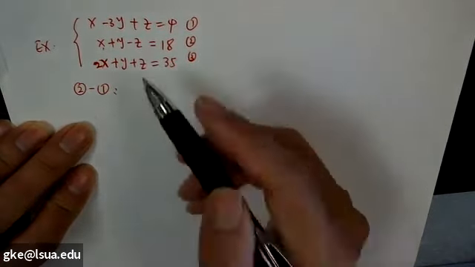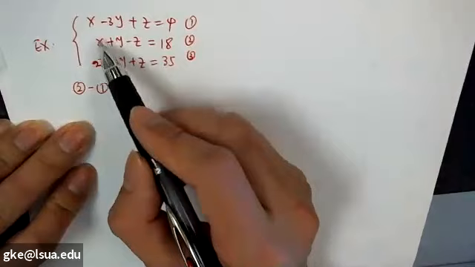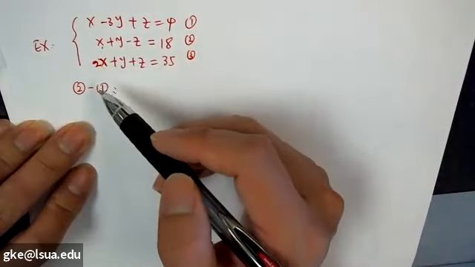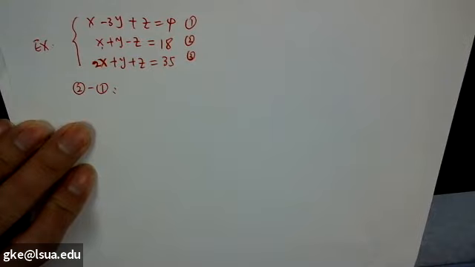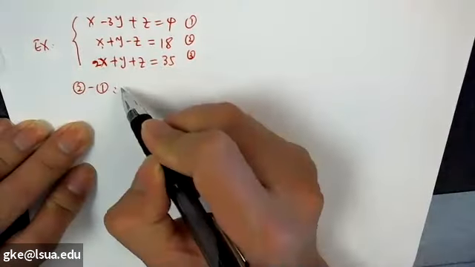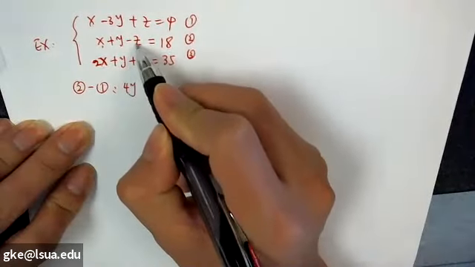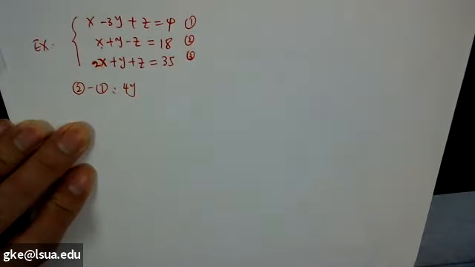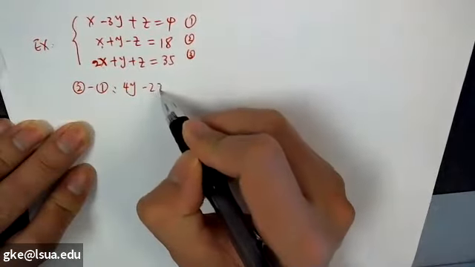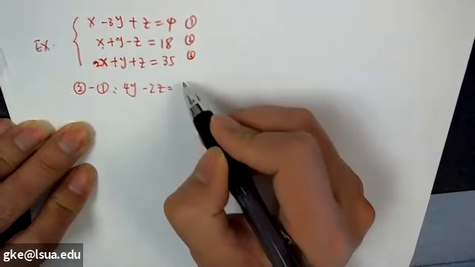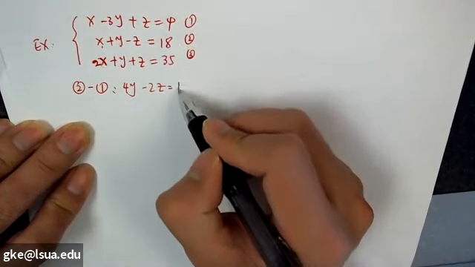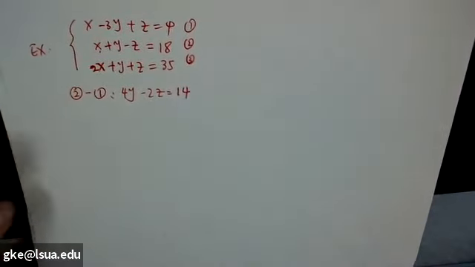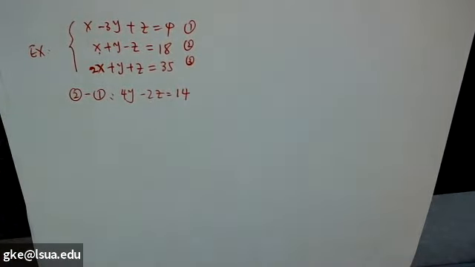We're gonna have x subtract x is 0. Y subtract negative 3y is plus 3y, 4y. Negative z subtract z is negative 2z. 18 subtract 4 is 14. Is that right?